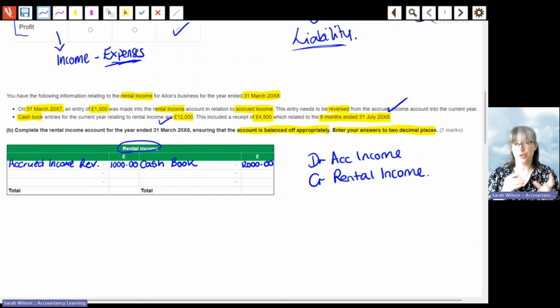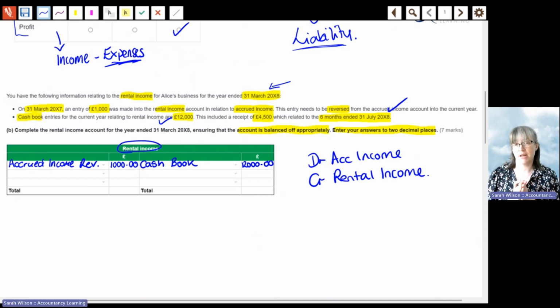Then we're told that that £12,000 included £4,500, which relates to 6 months ending the 31st of July. So our year end here is the 31st of March. So we only really want included up to the 31st of March.